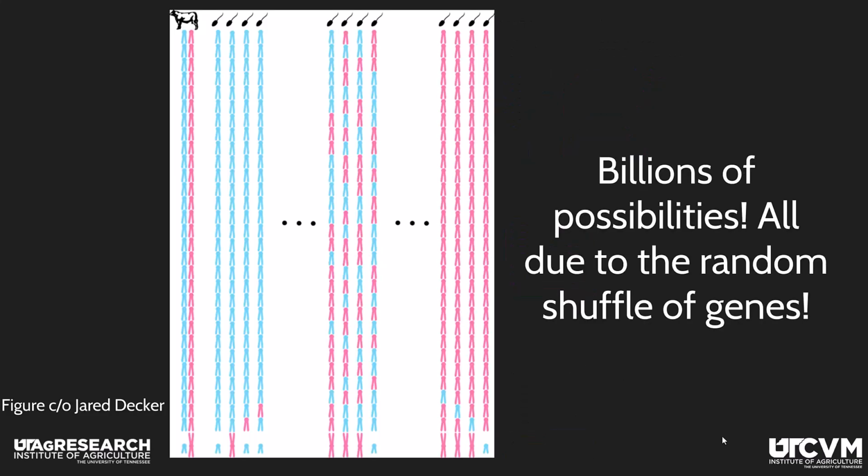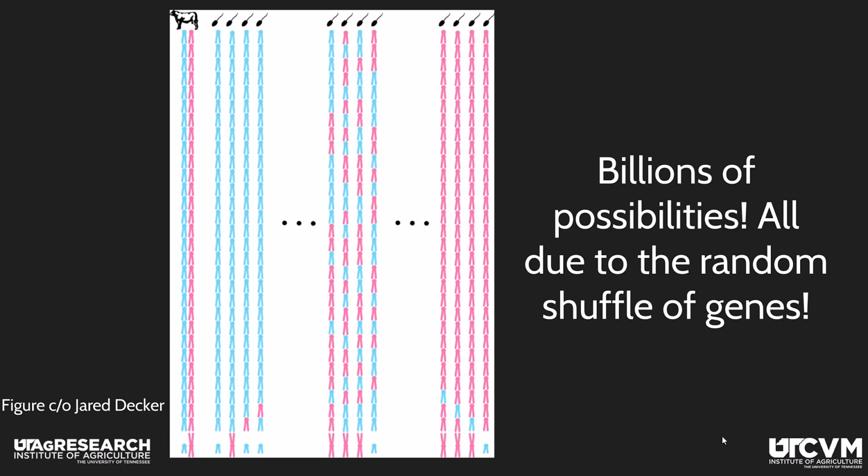This is a figure I like from my PhD advisor, Jared Decker at the University of Missouri, that shows an example of the billions of possibilities just based on the 30 pairs of chromosomes that cattle have, right? All the different possibilities you can get just due to the random way that those chromosomes line up during the process of meiosis, where sperm cells get made, right?